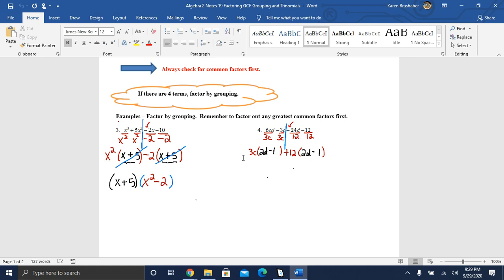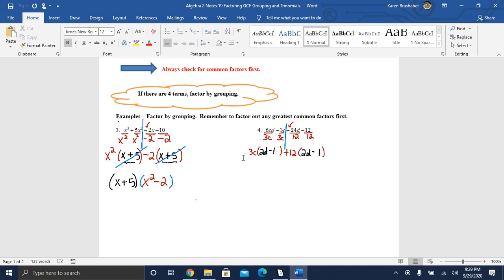Now notice that I got that 2D minus 1 again. So if you feel confident that you have that first division right, you could go ahead and fill in the 2D minus 1 and then just figure out what it is that you have to divide by. So there are some shortcuts to thinking about this, not to doing it, but to thinking about it.